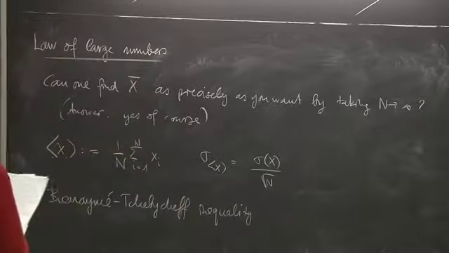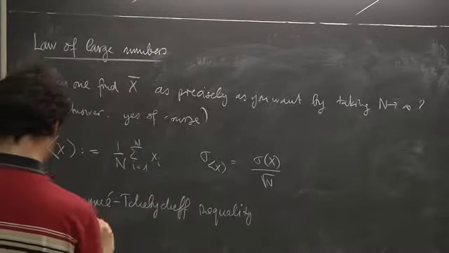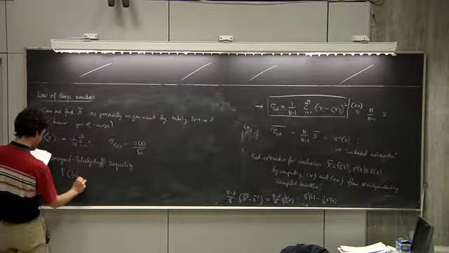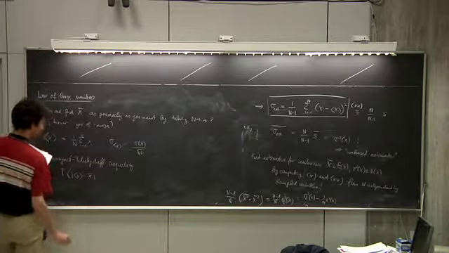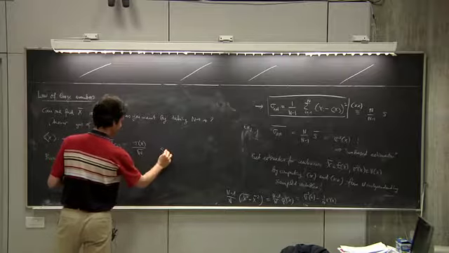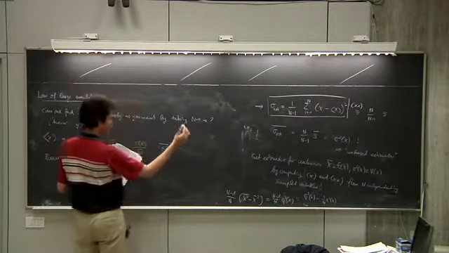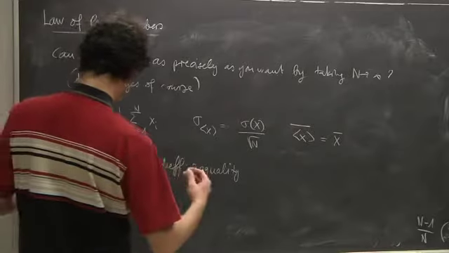The complicated name doesn't justify the importance of the theorem. It is an extremely simple thing. Remember that the expectation value of x is just x bar. That's what we repeated in the beginning.